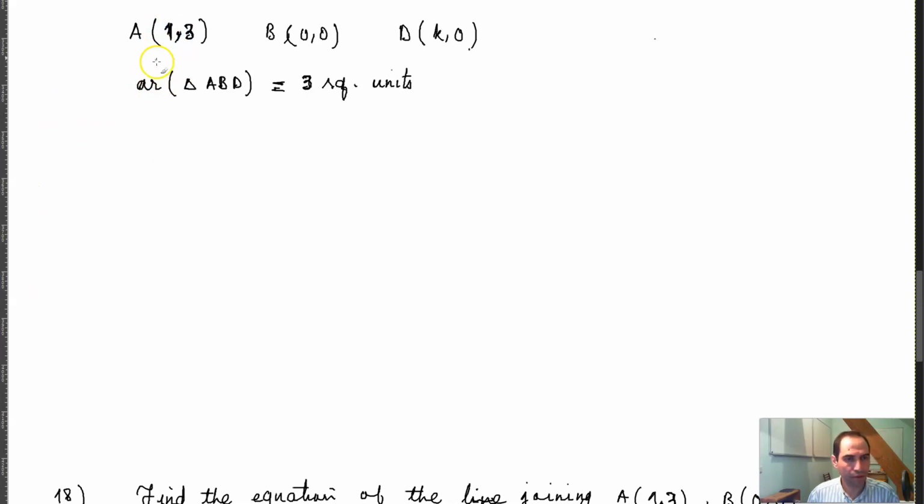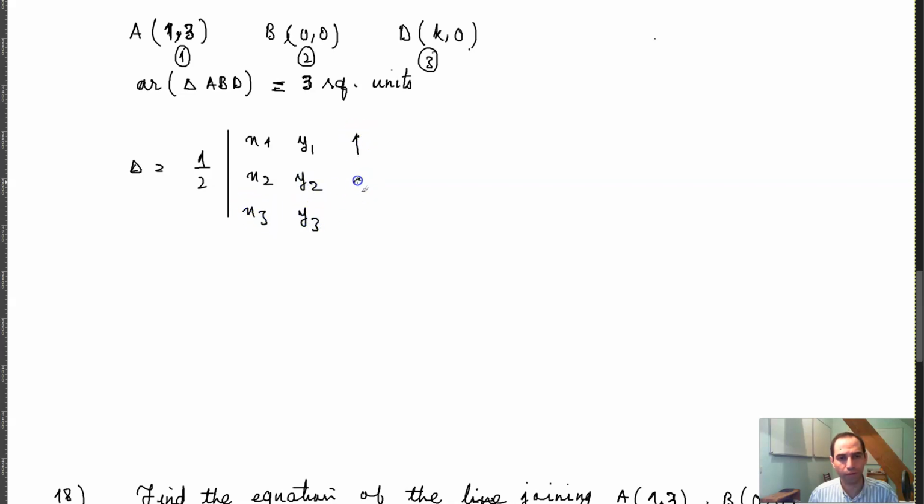So if you have this point A, point B, and point D, and the area of this triangle becomes 3 square units, then you can take this as point 1, point 2, and point 3, and write delta is equal to 1/2 times the determinant of x1, y1, x2, y2, and x3, y3, with a bunch of ones.